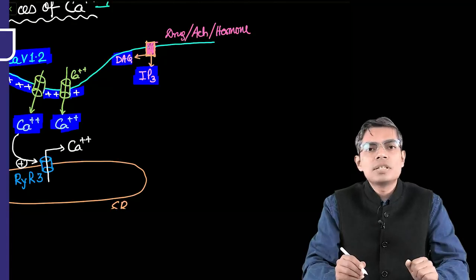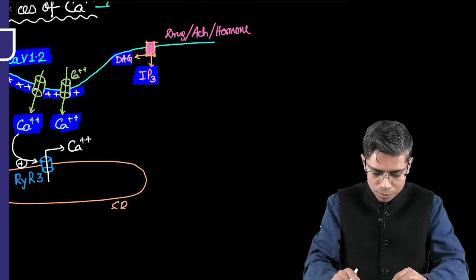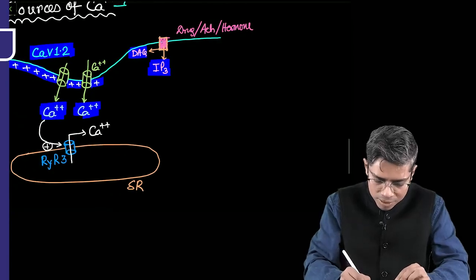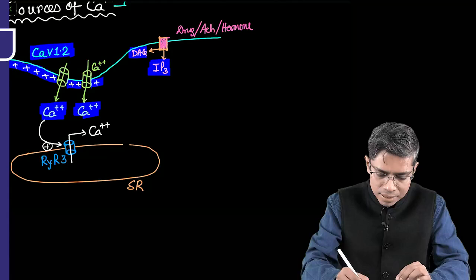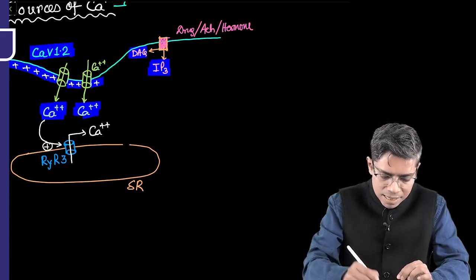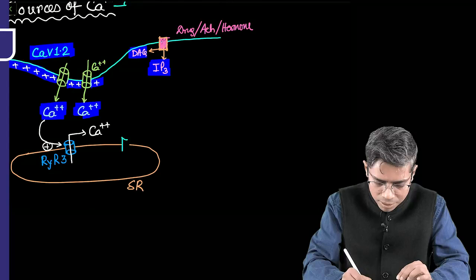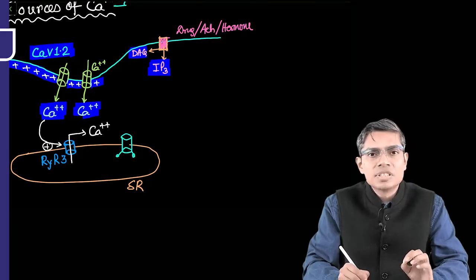Now this inositol triphosphate can also release sarcoplasmic calcium. How? At the level of the sarcoplasmic reticulum, there is a receptor for this inositol triphosphate, and this receptor is a calcium channel.